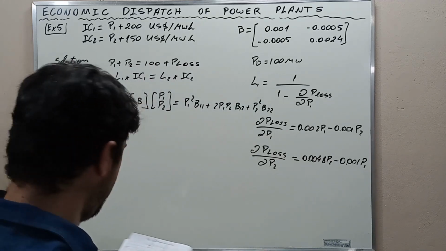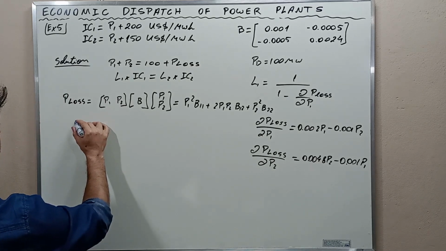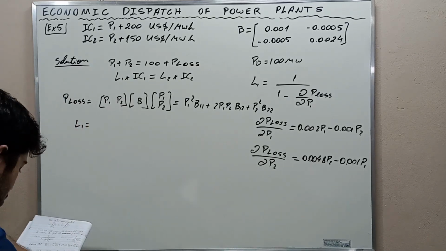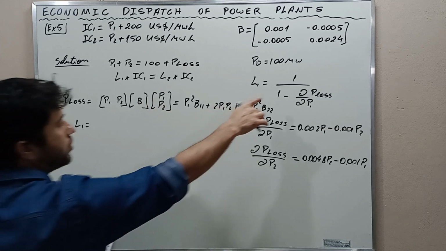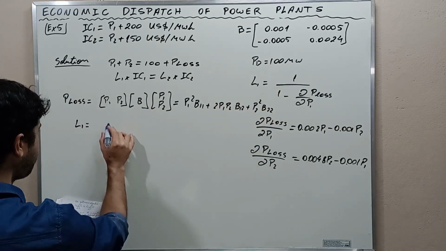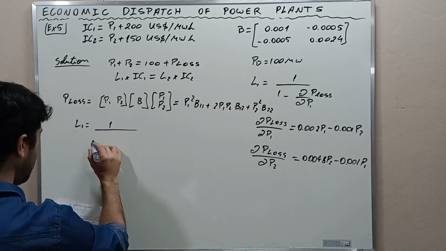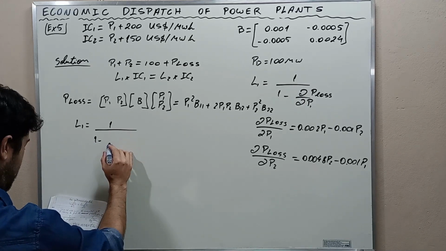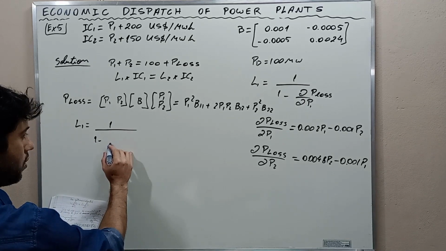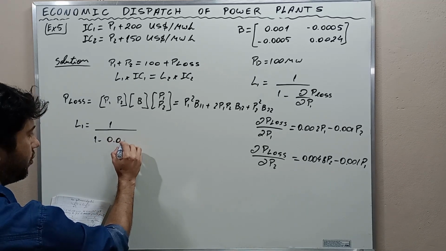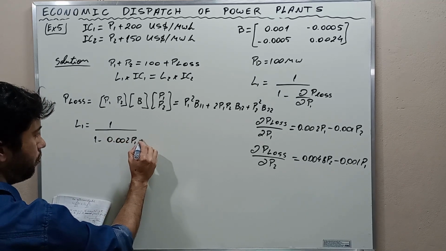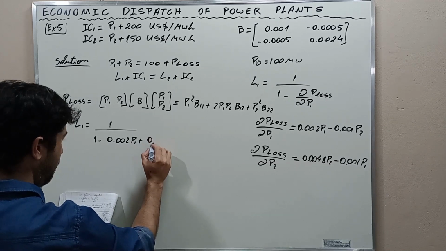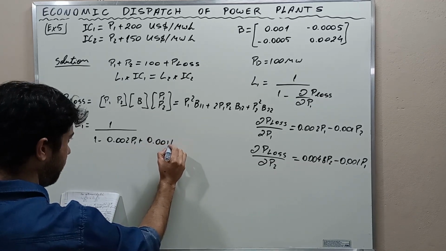When we do this, we find that L1 is equal to, using this expression here, 1 over 1 minus 0.002 P1 plus 0.001 P2.